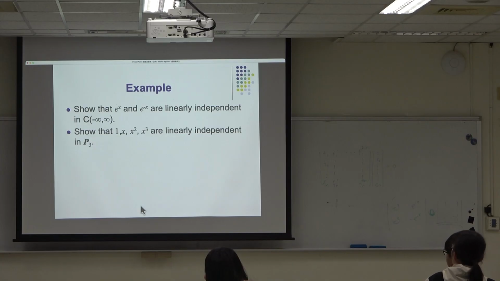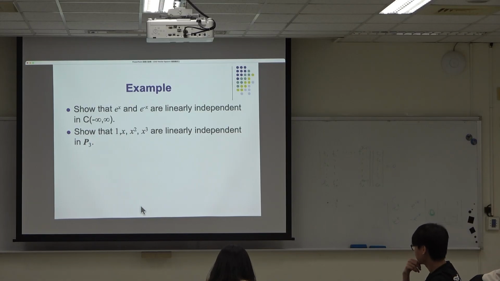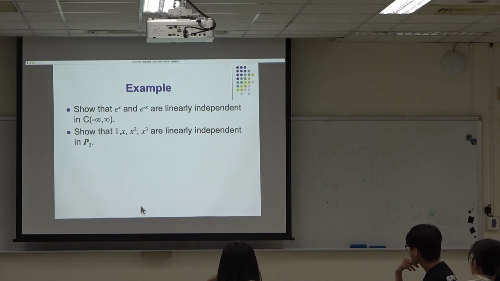And then differentiate again. This one becomes 0, and this one differentiated twice becomes 2. And it's 6, 0, 0. And the last one becomes 6, 0, 0, 0.